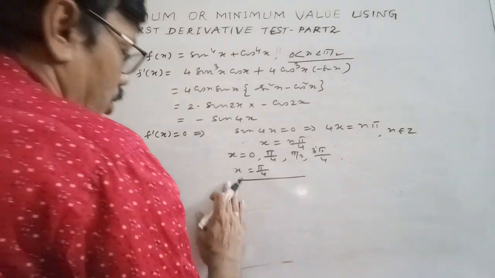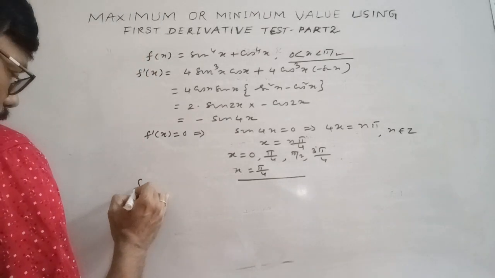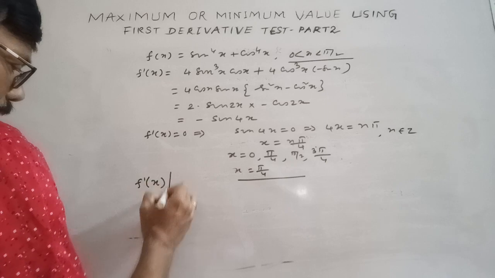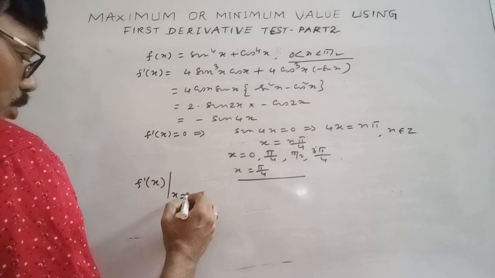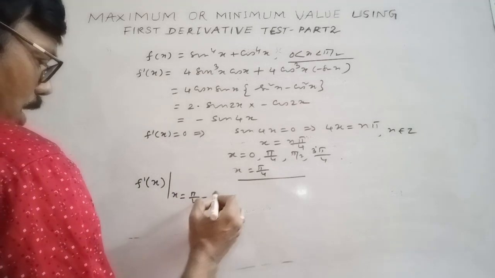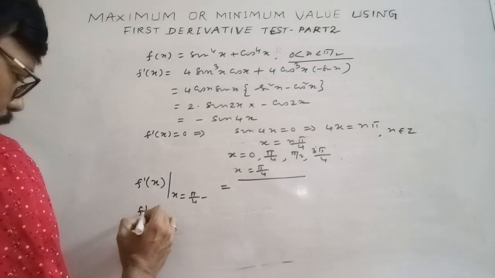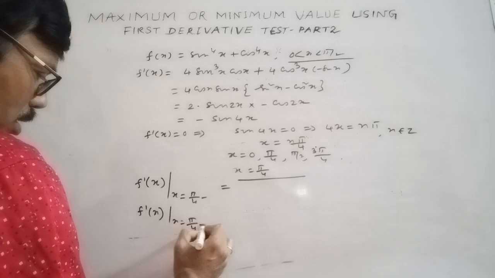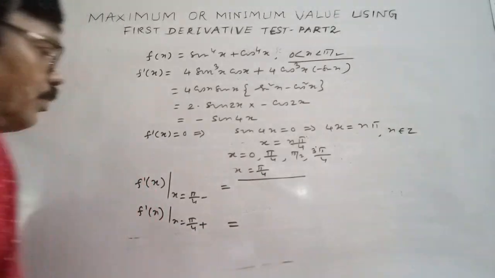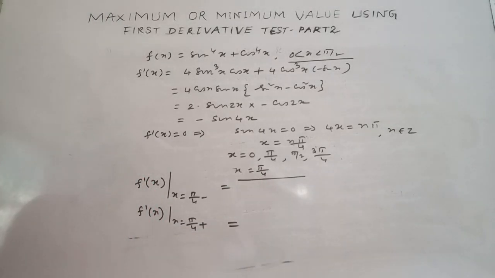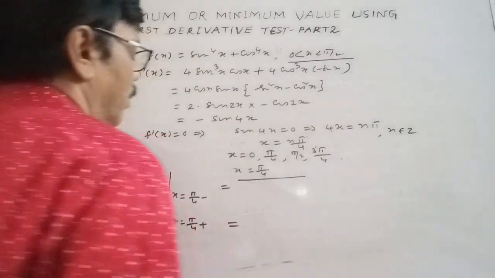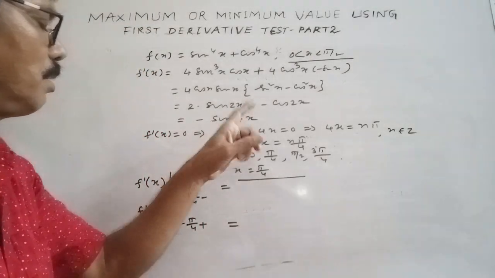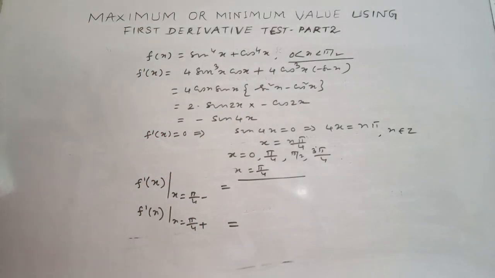So at x equals pi by 4, we check f dash x at x equals pi by 4 minus, and f dash x at x equals pi by 4 plus, values greater than pi by 4.